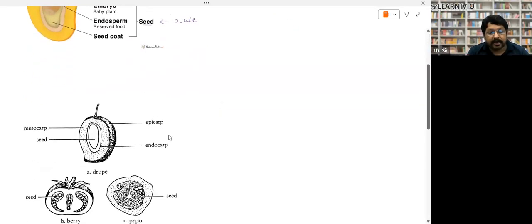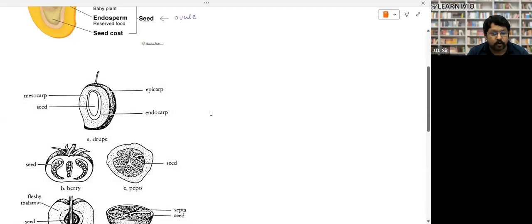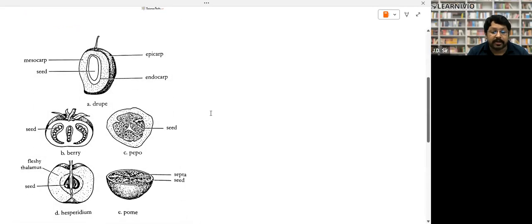Now there are certain examples through which you will come to know which part we eat. Normally this is a one-mark question asked in your school. Look, this is a fruit, a mango. The type of this fruit is called drupe. Here we have the epicarp, endocarp, and what we eat is the mesocarp. The mesocarp is the edible part.